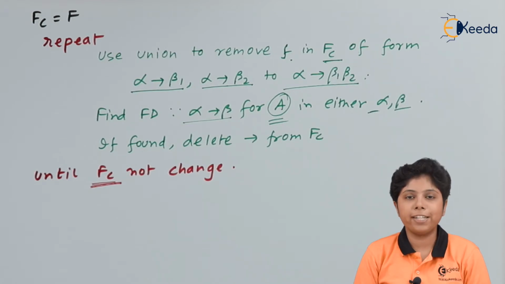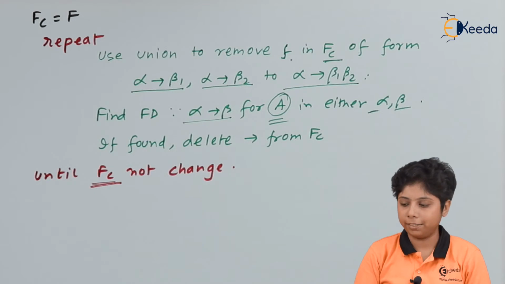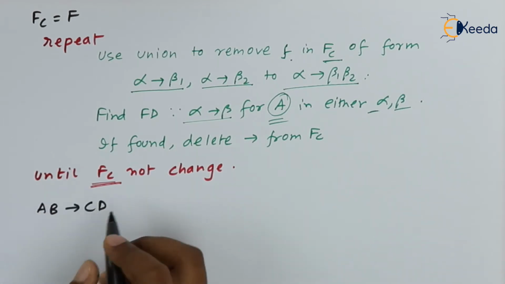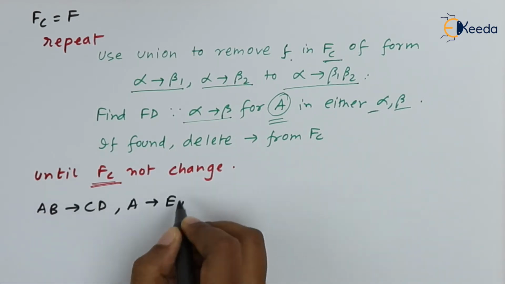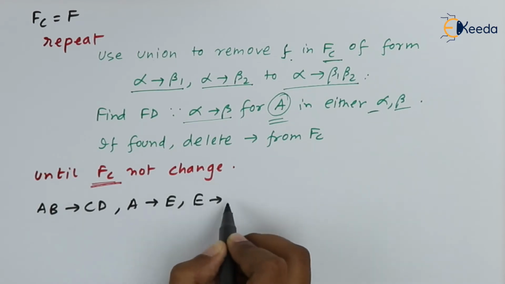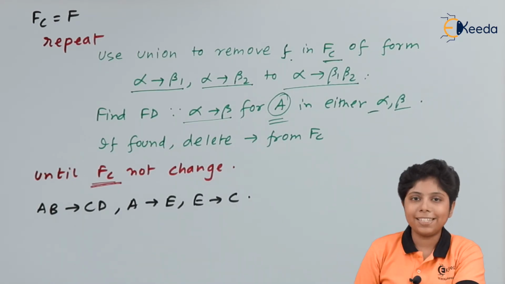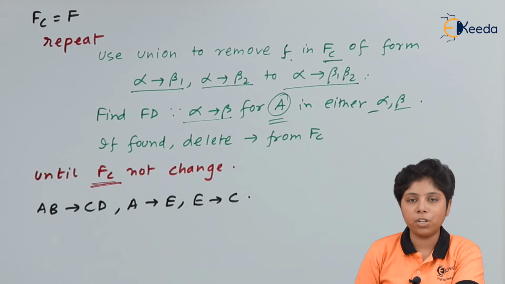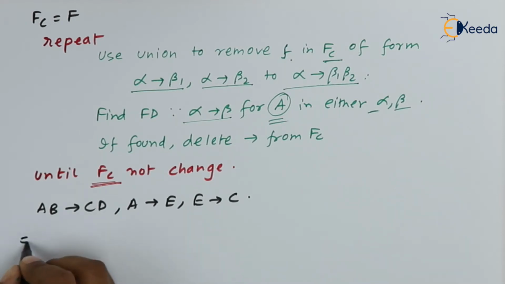Now for our example for considering the canonical cover, if we look at the example, definitely C is an extraneous attribute, so we need to remove it. So after removing, we will get the result.